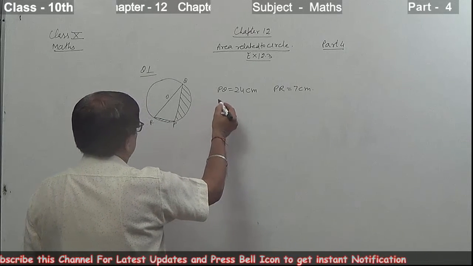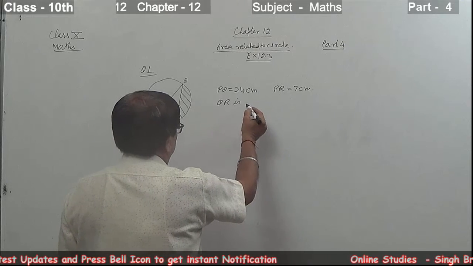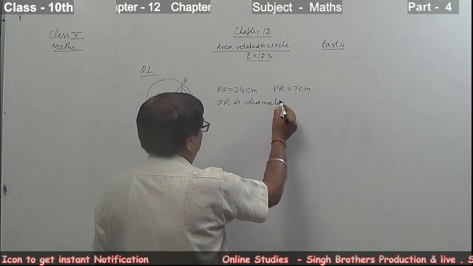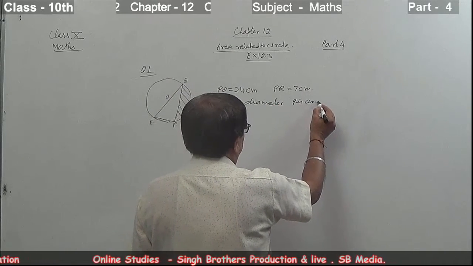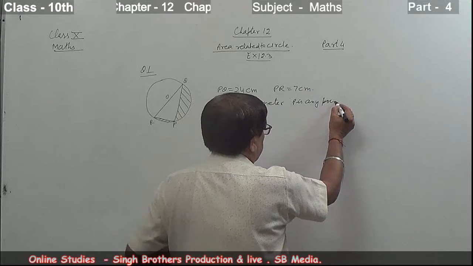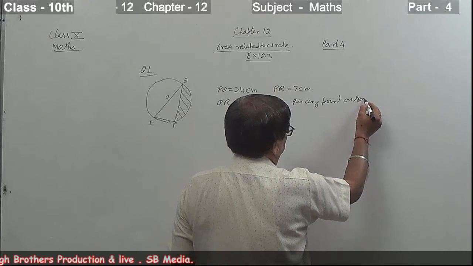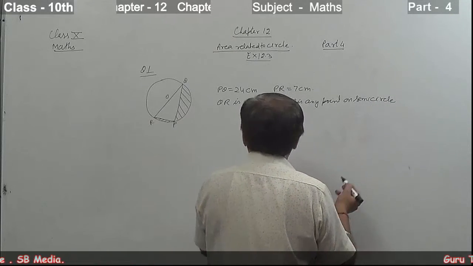Now see it. QR is the diameter, and P is any point on the semicircle QPR.